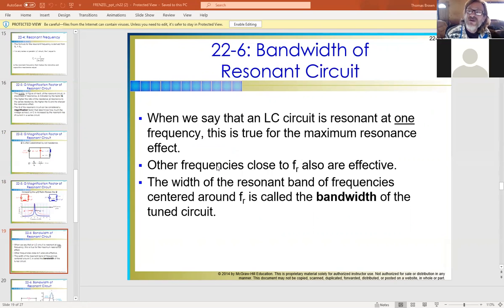With a much higher Q factor, we have a much more stable, sharper circuit. And that's where this starts to come into play. This is true for maximum resonance effect, meaning at this particular peak, here's our established resonant frequency.